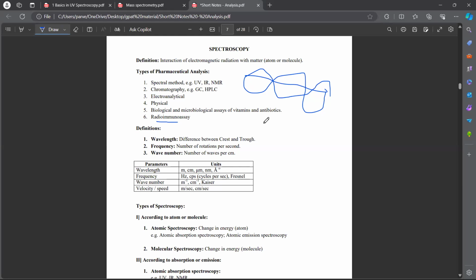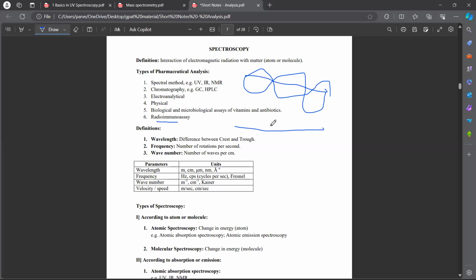It is the gamma rays. Gamma rays possess the highest energy among all the electromagnetic radiations known to humans.